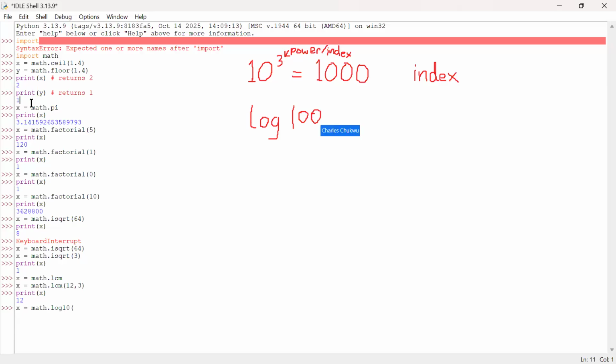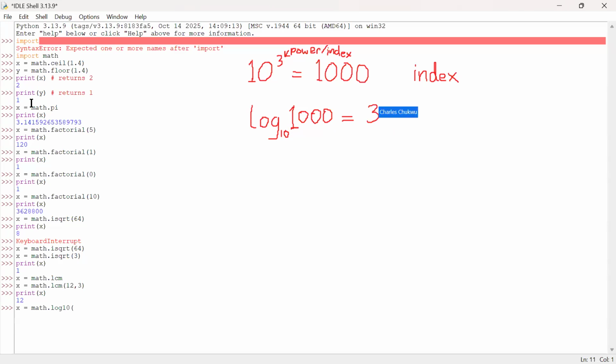The power is on 10, but the logarithm belongs to who? 1,000, okay? Are you with me? Yes, sir. I'll try not to make it complicated. The logarithm of 1,000 to the base 10 is equal to 3.